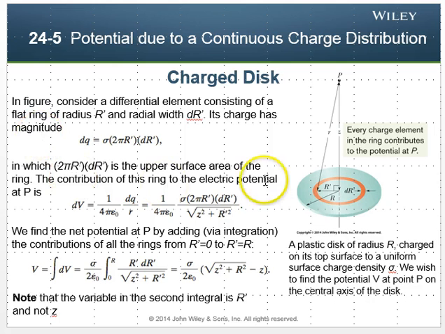We're going to integrate over a charged disk that has a uniform charge on it. We can look at dq as the charge density times the area of a small little ring. That's what this is. dq is the charge density times 2 pi r prime dr prime, the area of a small little ring.